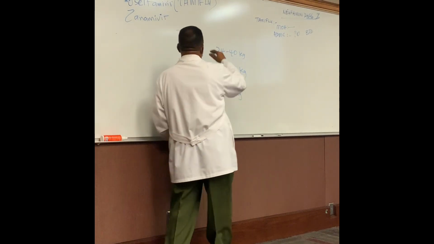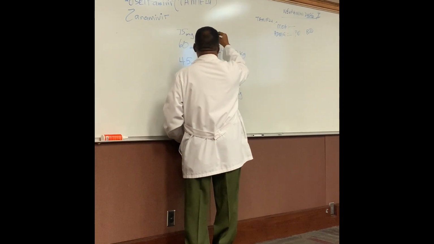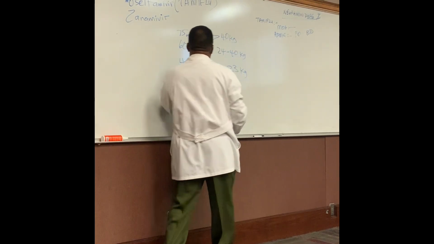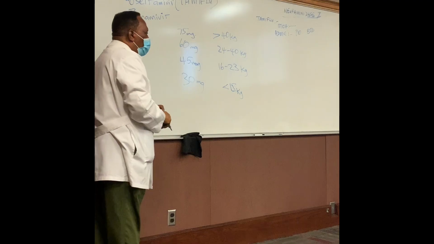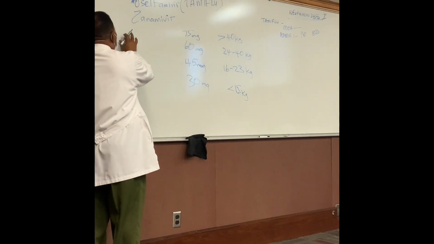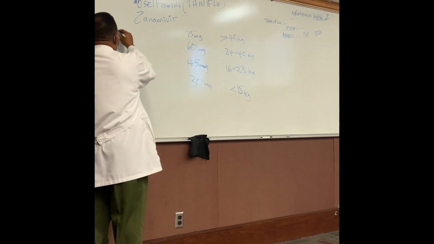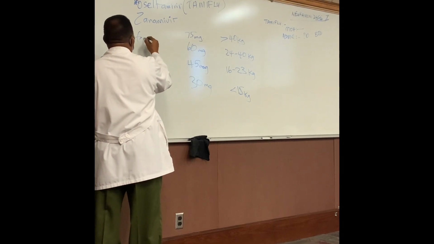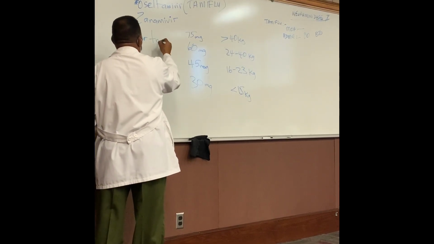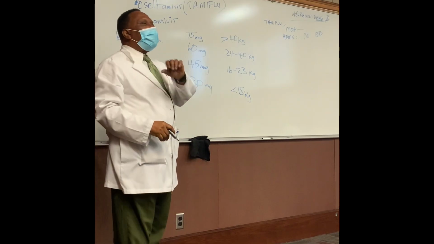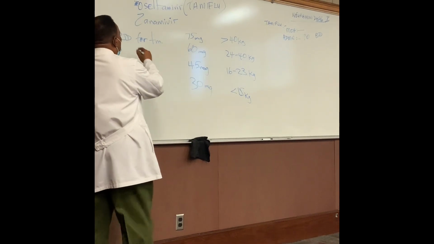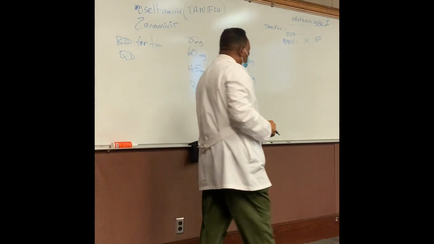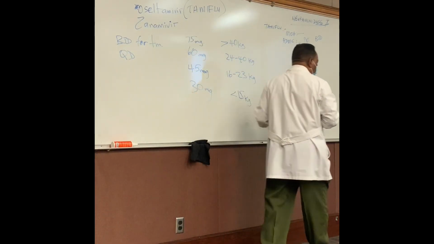And then, of course, greater than 40 kilograms in weight, you use the 75 milligrams. And you will use all of those on a BID basis for treatment. If it's for prophylaxis, you will use it on a QD basis. So that's how it is dosed.